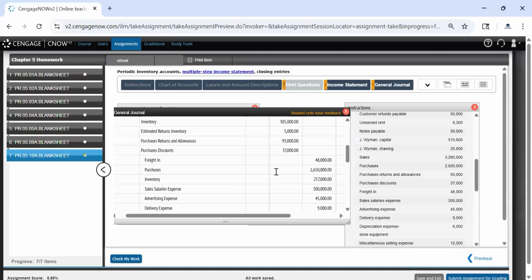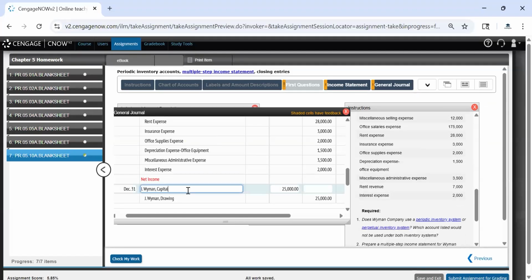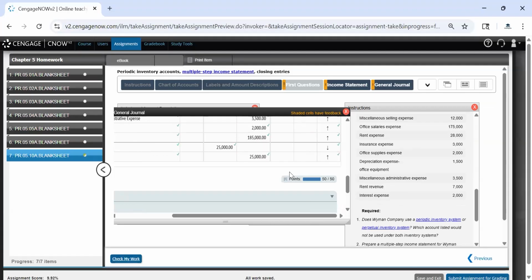Our final entry is going to be our net income, which is also the net change. However, we're going to call it the cap, where we have to debit it to the capital account, of course. But the net income of $185,000 is our amount.